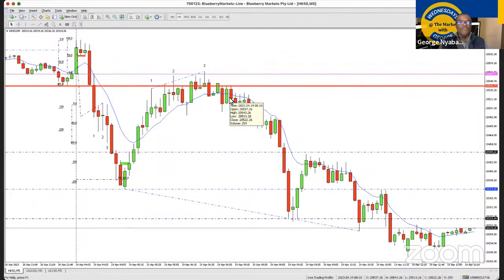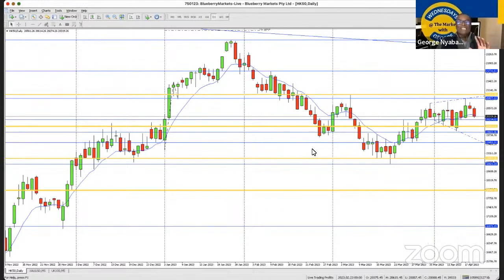Let's have a look at the daily market, daily structure. We always start off by looking at the day and get some insights into the day. Now, the day is absolutely interesting because of this structure here.